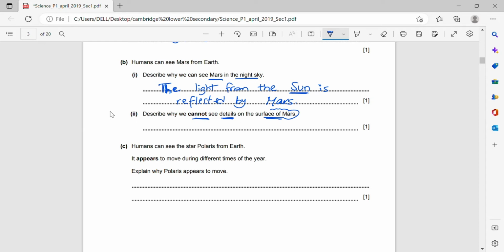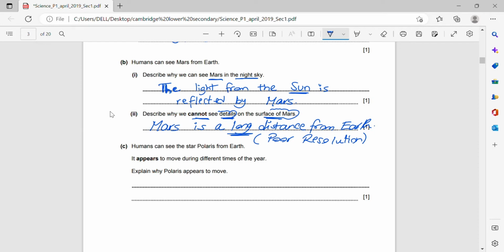So we can write Mars is a long distance from Earth. Okay, in other words, in brackets we can write poor resolution. So it's far away, that's why we cannot see the details.